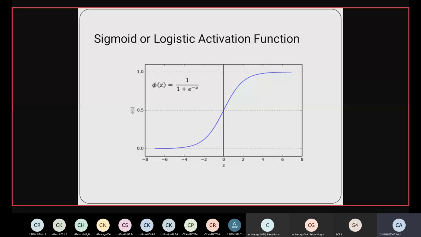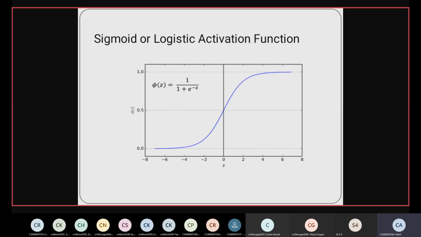Which means that any small change in the value of x in that region will cause the value of y to change. And this means that the function has the tendency to bring the y value to either end of the curve, isn't it?